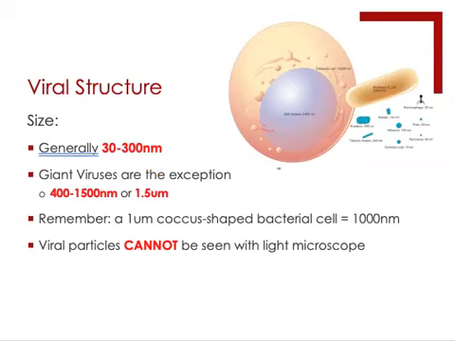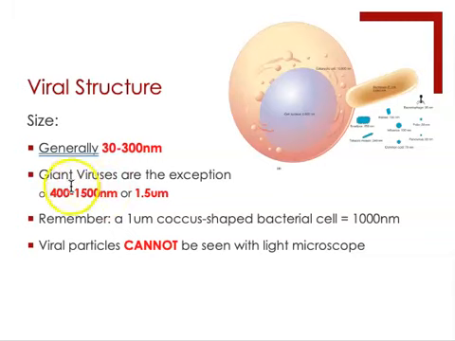Viral particles, remember, are extremely small. Viral particles cannot be seen under a light microscope. We're talking about a range of about 30 to 300 nanometers, approximately. Remember, giant viruses are the exception to that. Giant viruses can range from about 400 to about 1500 nanometers.